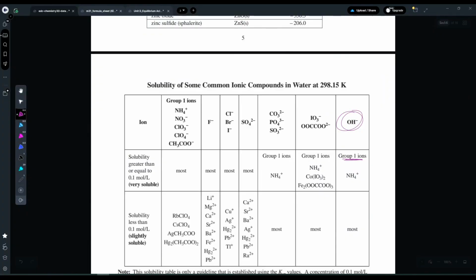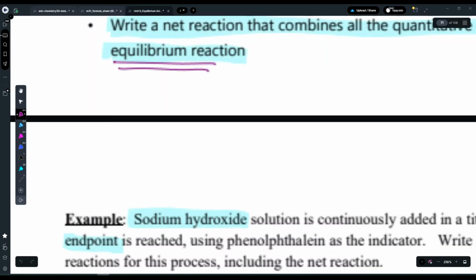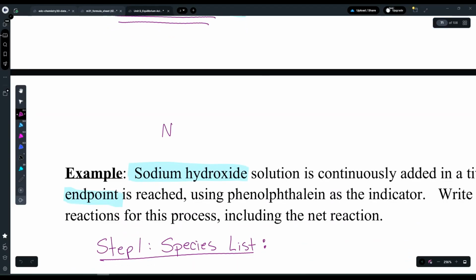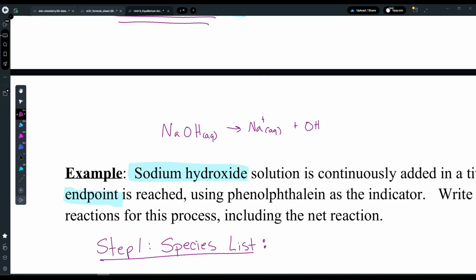Because hydroxide, when it's paired with any group 1 ion, including sodium, is very soluble, this ionic compound is going to dissociate. So sodium hydroxide, since it's a solution, I'm going to say aqueous, breaks apart into its cations and anions. These products we are going to have in our species list.